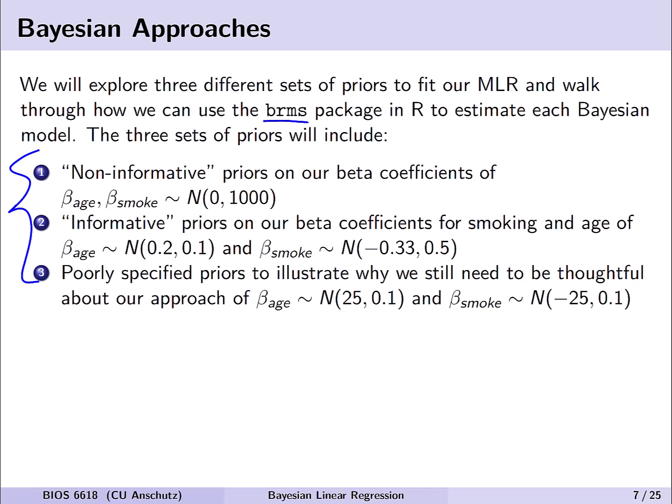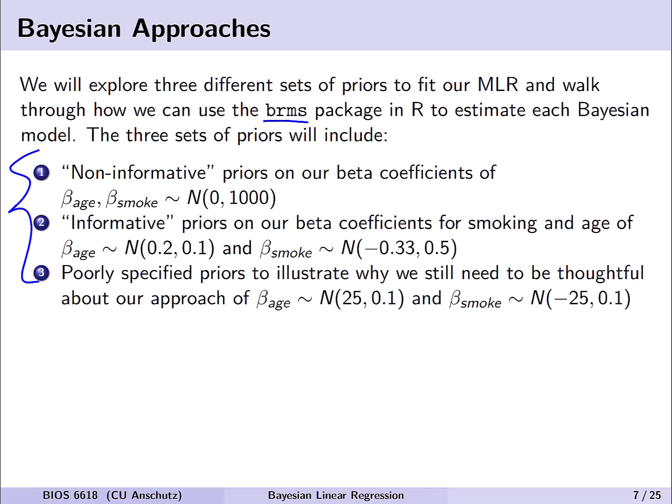So for the first option, our quote-unquote non-informative prior, we're going to set each prior at a normal distribution at mean 0 and standard deviation of 1,000. If we think back to that FEV range of values in our plot, 1,000 goes well beyond any of the observations we have or even the range of expected FEV values. So this gives a wide, diffuse range of possible values.